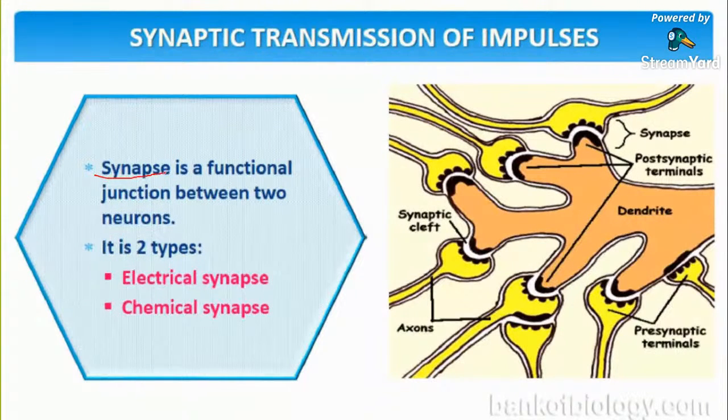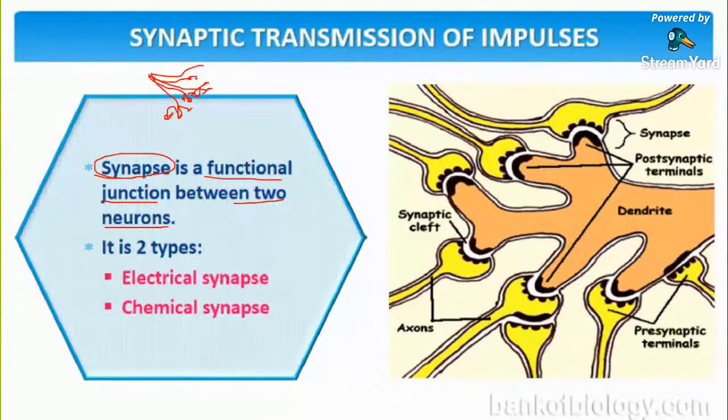Next, we are going to discuss the conduction of nerve impulse at the synaptic membrane, or the synaptic cleft. What is a synapse? A synapse is a functional junction between two neurons. This would be the axon endings of one neuron, with the neurotransmitter acetylcholine present at the end.